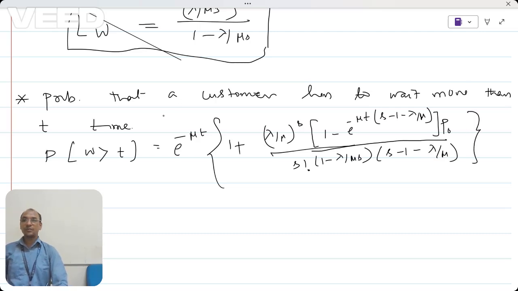So this is the probability that a customer has to wait more than time t.